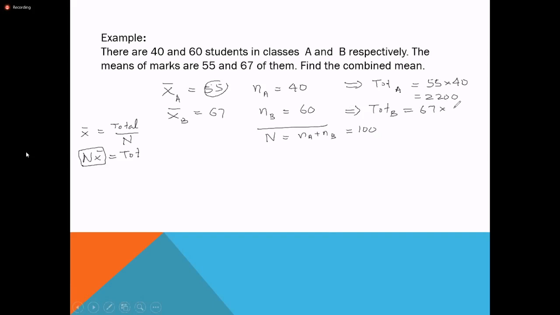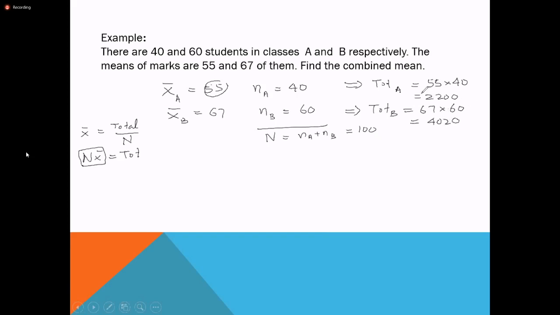The total is 67 times 60. 6 times 60 is 360, plus 6 times 7 is 42. 360 plus 42 is 402, so the total is 4020.